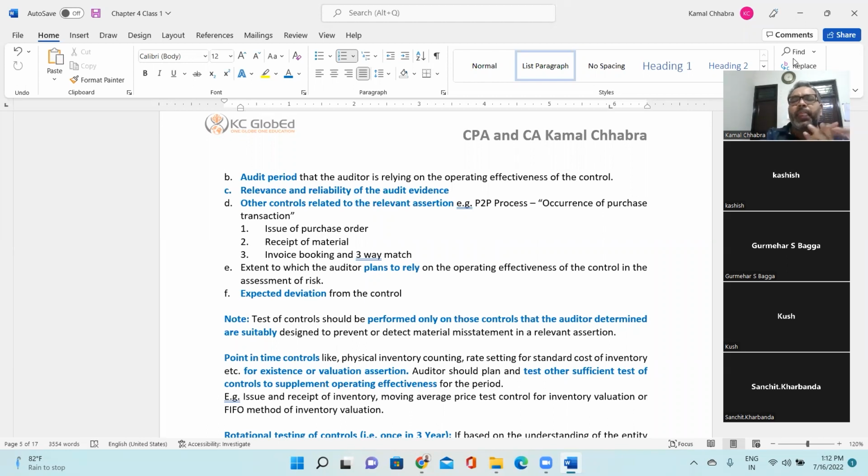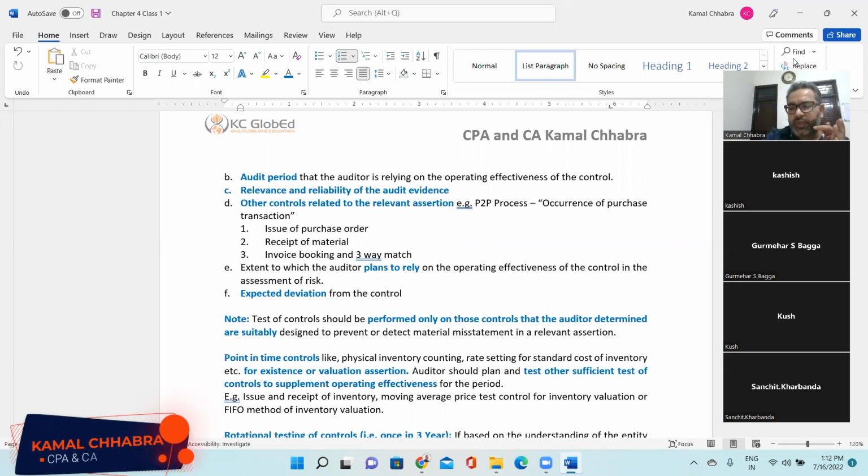For example, in the purchase and payable process, take the occurrence of purchase transaction. For that, you are testing issuance of purchase order, receipt of material, invoicing of the material, and payment of the material.